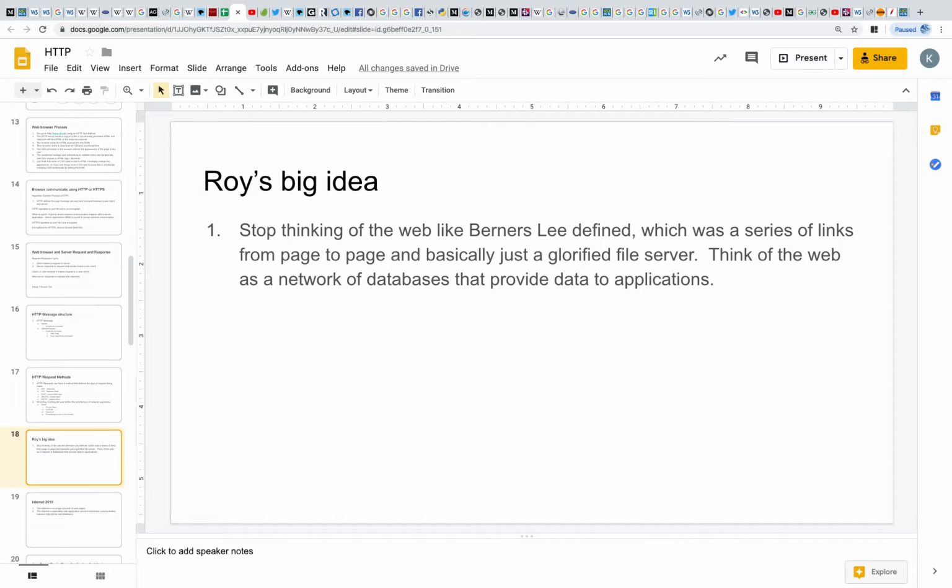Roy's big idea was to stop thinking about the internet as a series of web pages. Think about the internet as a series of applications and databases. Okay, database applications. What his paper described was how you can take the HTTP protocol and use it as a method to create an internet application. How can you turn the internet into a series of networked applications instead of web pages?